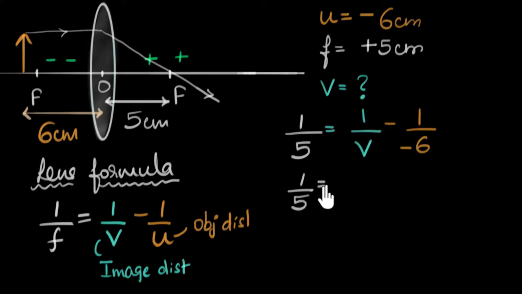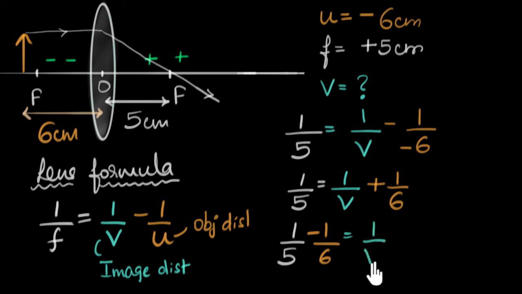Let's simplify this. We get 1 over v, and this negative times negative becomes positive, so we get plus 1 over 6. I want to figure out what 1 over v is, so we'll subtract 1 over 6 from both sides. We get 1 over 5 minus 1 over 6 equals 1 over v, and the plus 1 over 6 and minus 1 over 6 cancel. Now we just have to take the common denominator.